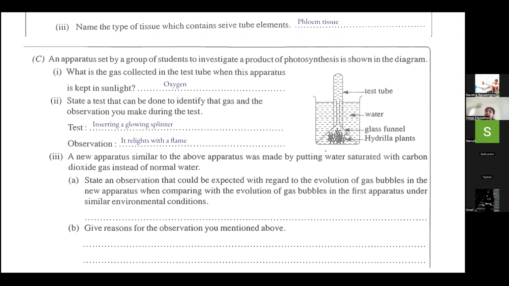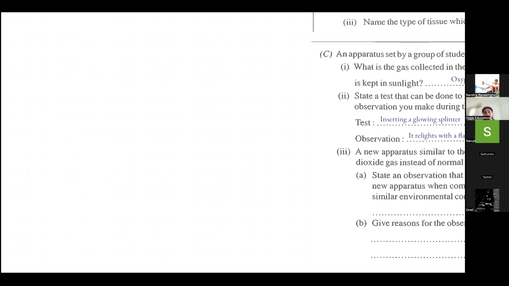Why is that? What is the meaning of saturated? Saturated means the maximum concentration is there. Carbon dioxide is slightly soluble in water, but saturated means we have dissolved the maximum amount that can be dissolved.